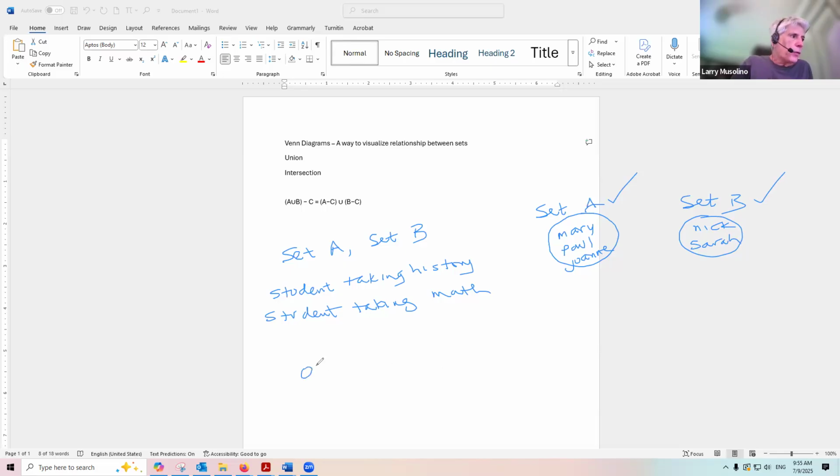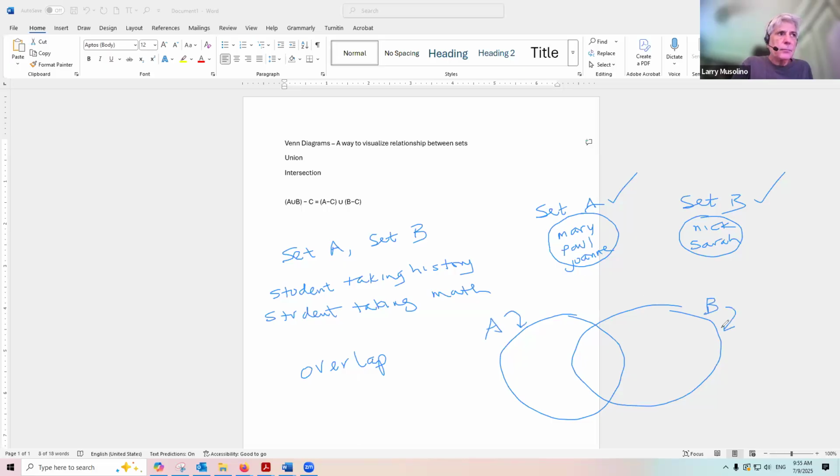What if there was some overlap? Well, the way you show that on a Venn diagram is you draw two circles that overlap like this. So here's set A, and here is set B. So let me write Mary, Paul, Joanne, and Nick and Sarah. But it turns out there's a person taking both history and math at the same time. Well, that person, let's say Katie.